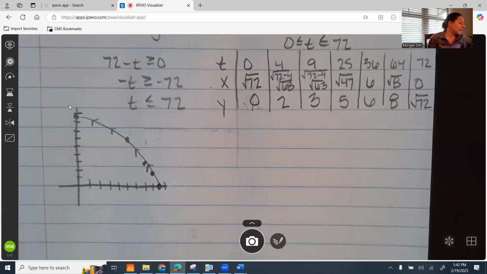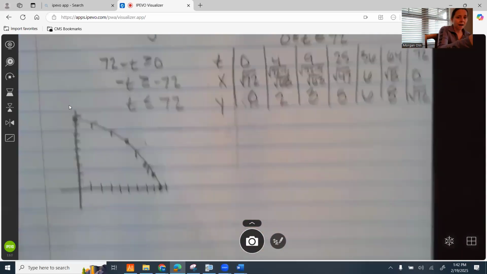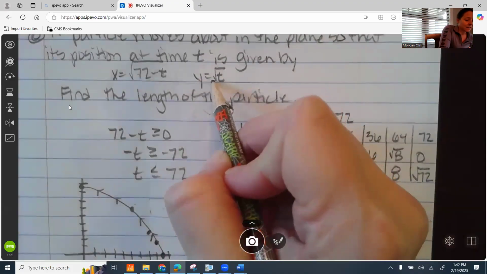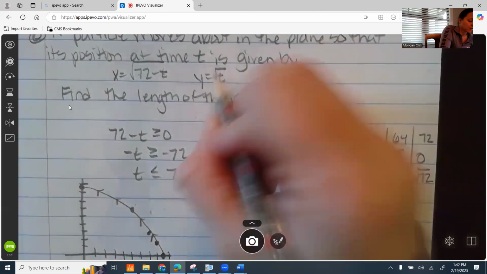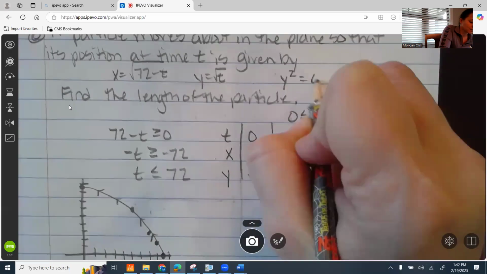It appears to be a quarter circle. Let's think about this for a second. If I go back up and solve for t, I get y squared equals t.